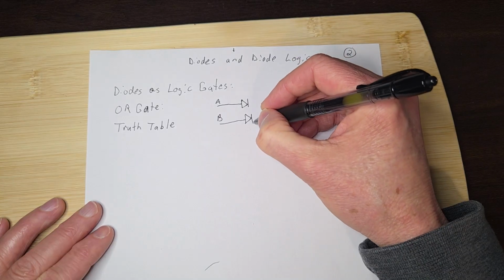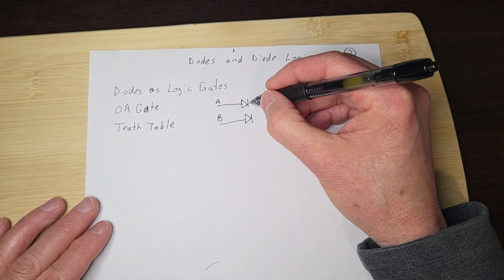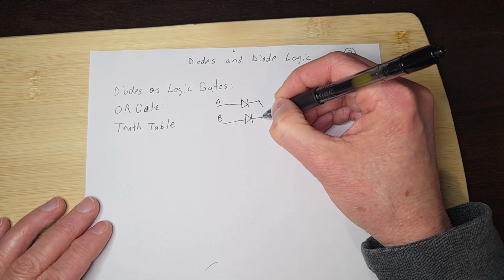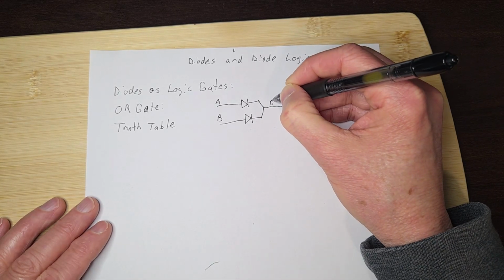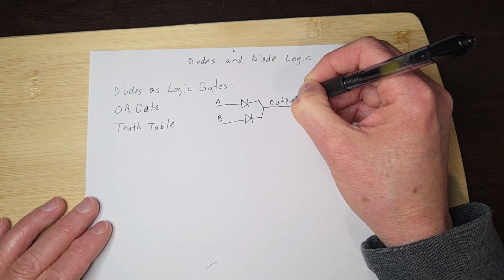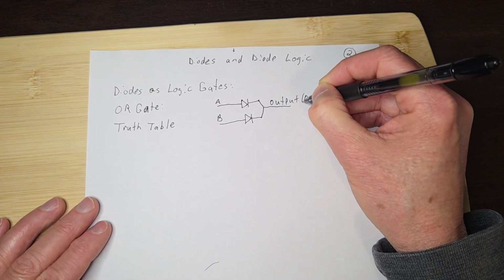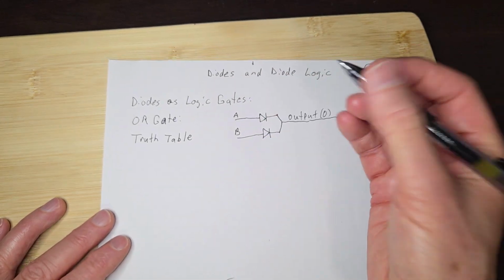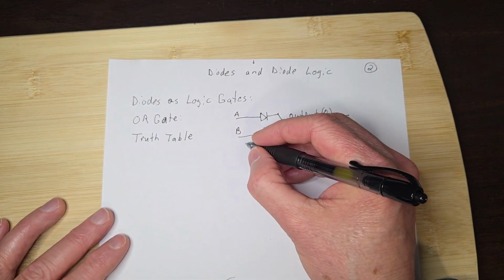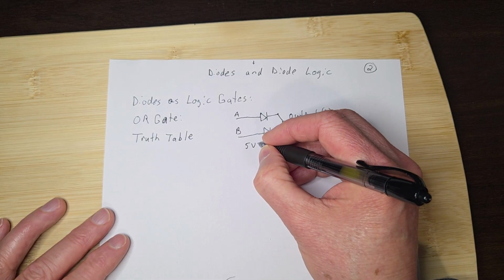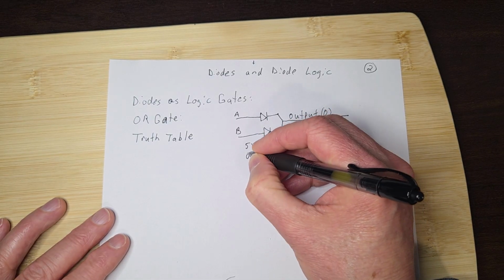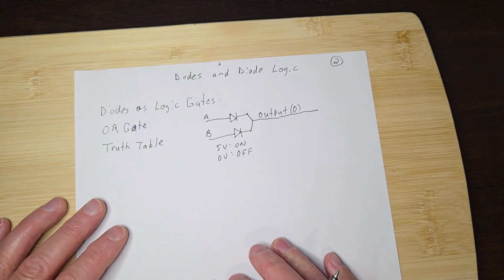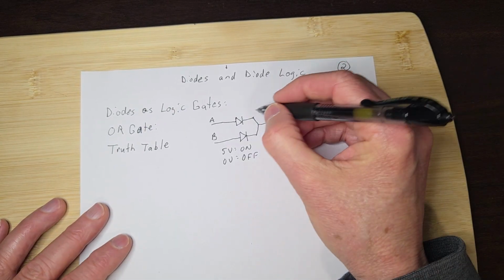Now we can put these together, do something real simple like this, and here's our output. We'll call it O. And let's say 5 volts equals on and 0 volts equals off. Okay, so this is going to be an OR gate.